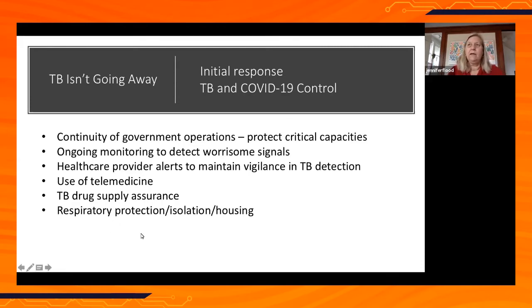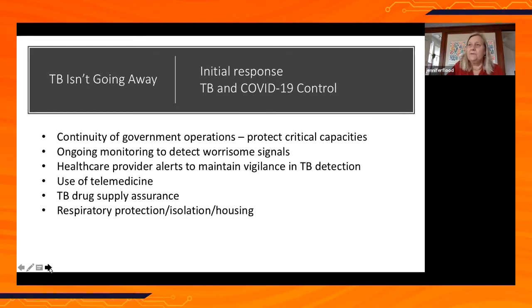And then finally, there's been a lot of competition in terms of respiratory protection, isolation, housing, oxygen, and we need those supplies also for TB, which we can cure in most cases, but we need these typical ingredients of patient-centered care.